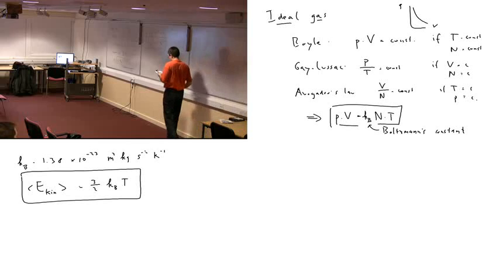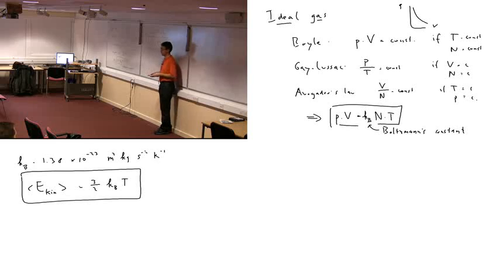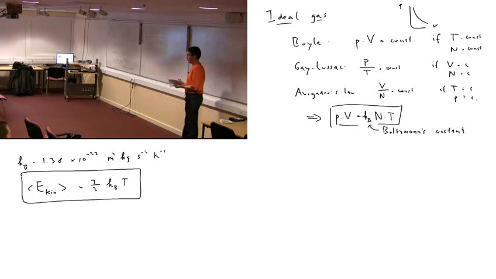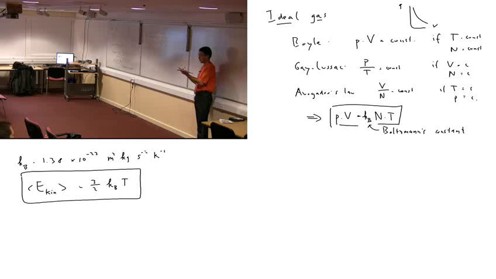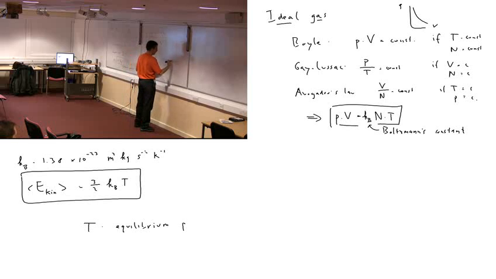Okay. So, as you see in these formulas, and as I've already said many times before, temperature plays a very important role. But temperature is a sort of concept which is only useful if systems are in equilibrium. If you have two systems next to each other which don't have the same temperature, then they will typically talk to each other if they're not isolated, and so you will not have a stationary system, and therefore temperature is only useful for equilibrium situations.